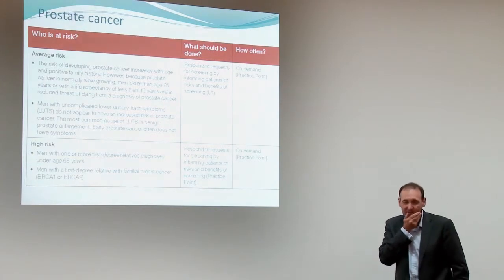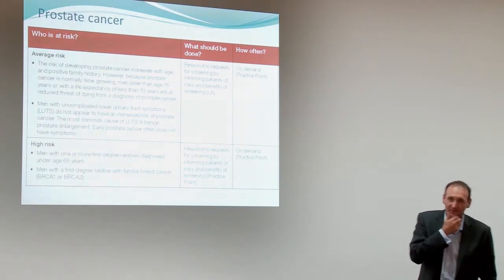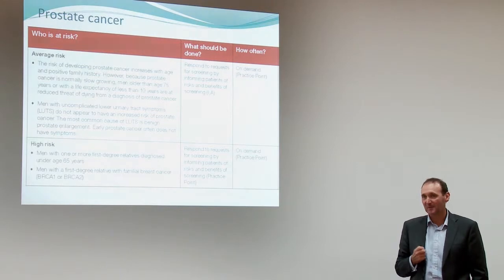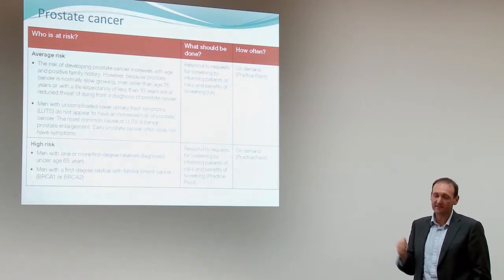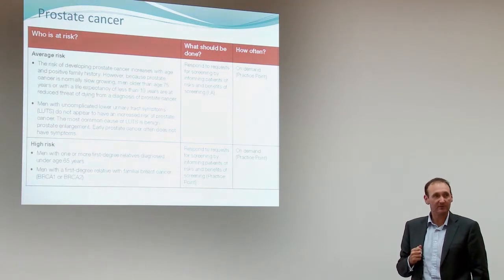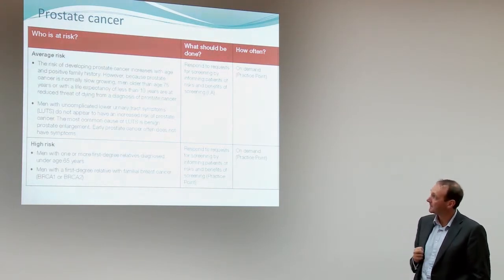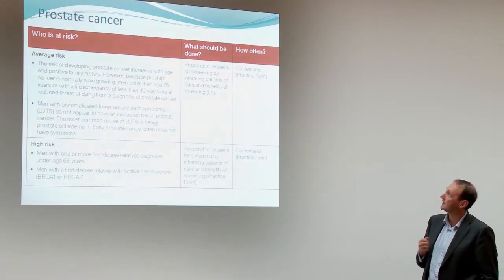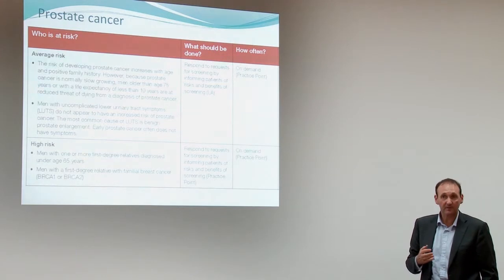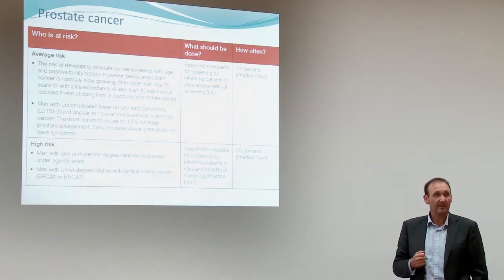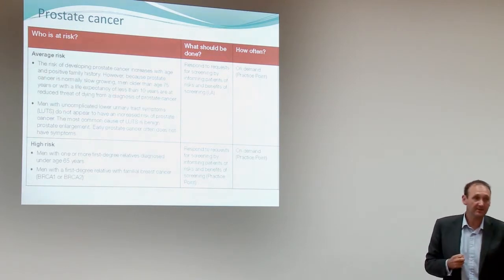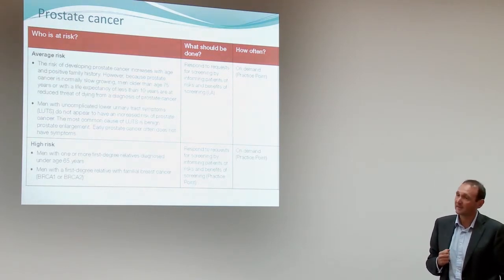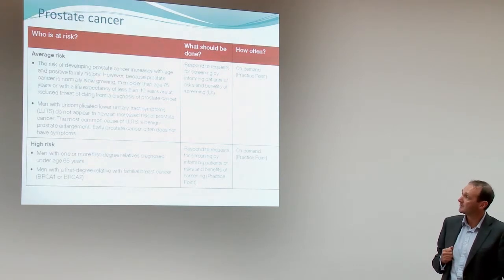Prostate cancer, obviously we could spend all night talking about PSA screening, but these are the latest Red Book guidelines, which have been somewhat controversial. For the average risk men, the recommendation is to only respond to any issues that are raised by the patient, and not even to raise PSA screening unless men want to clearly talk about it.